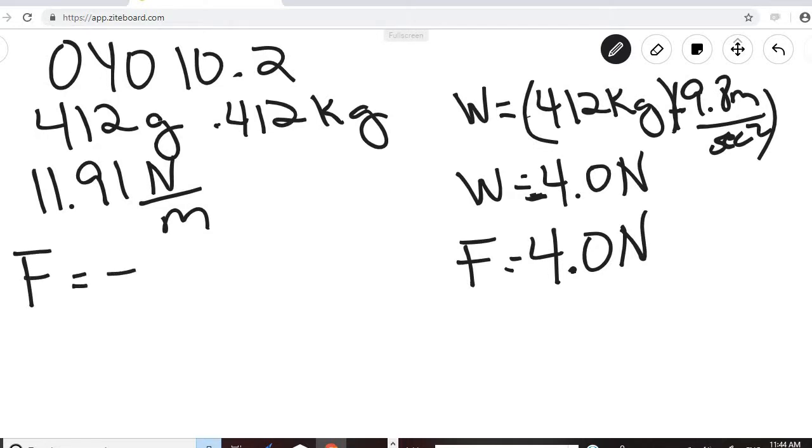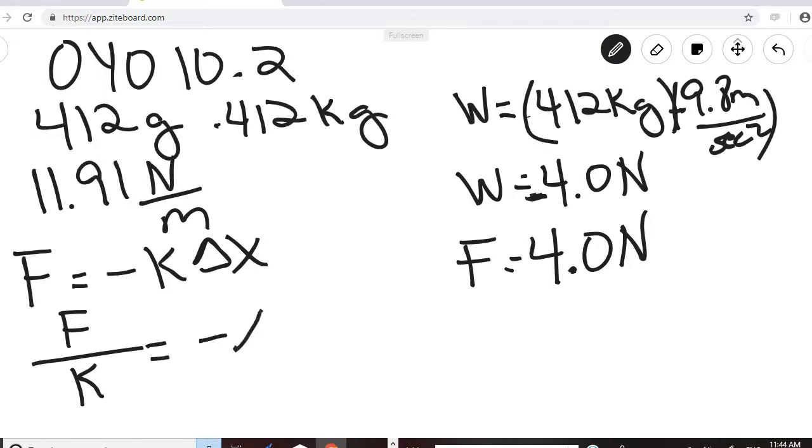F is equal to negative k times delta x. Let's just divide this by negative k.